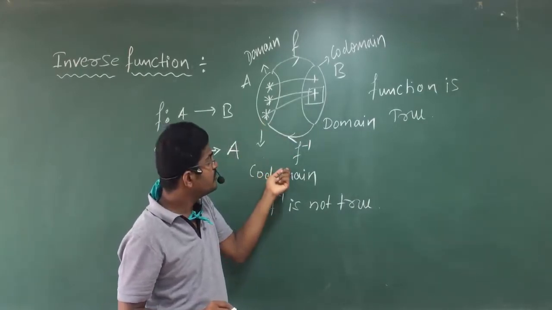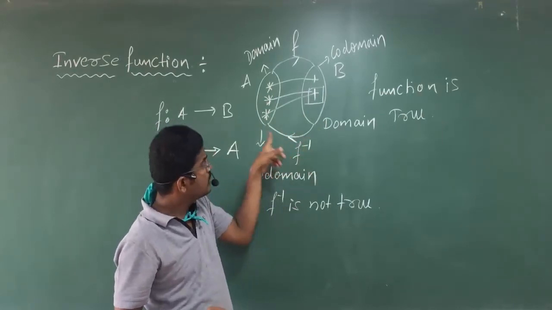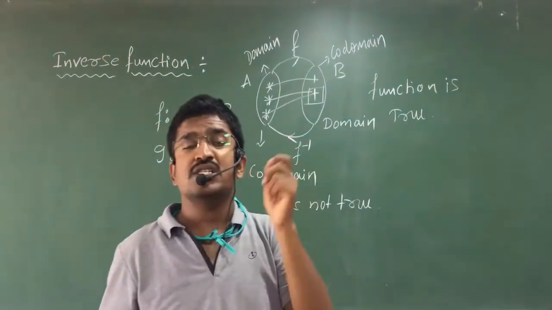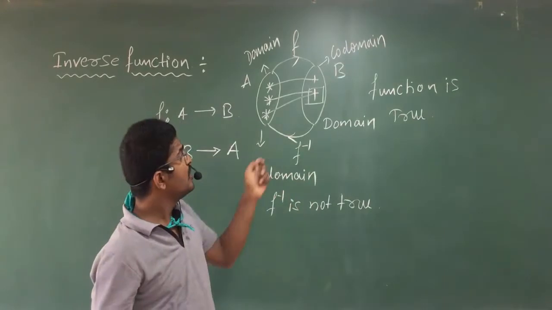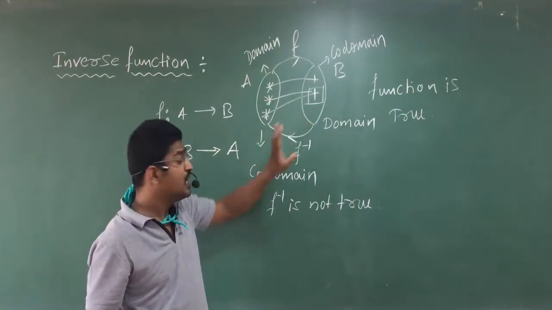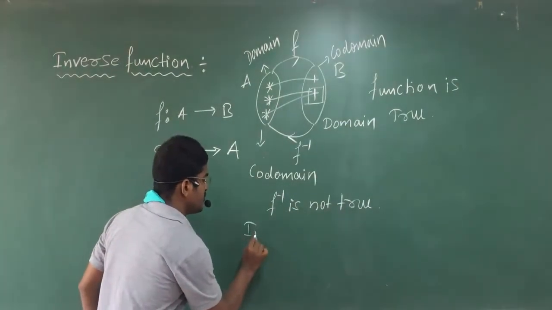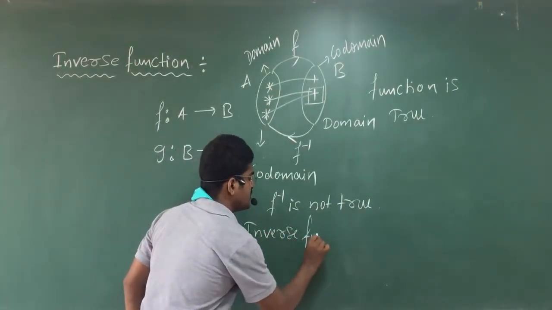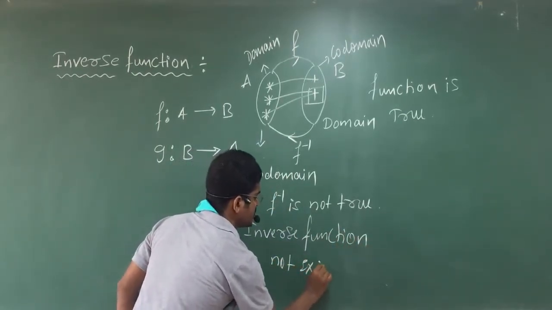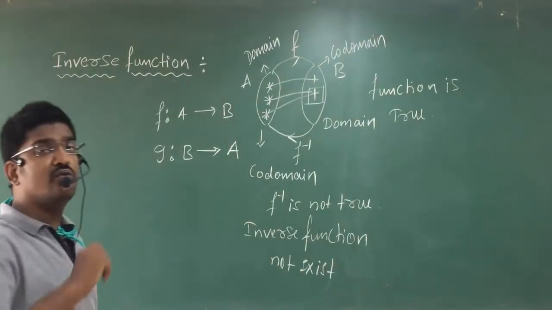As we all know, f inverse is the path from B to A. So while coming from B to A, every element of B must have unique images. But here a unique image is not present. So this relation is not true for an inverse function. That means the inverse function does not exist.